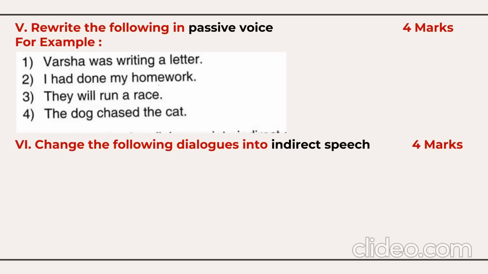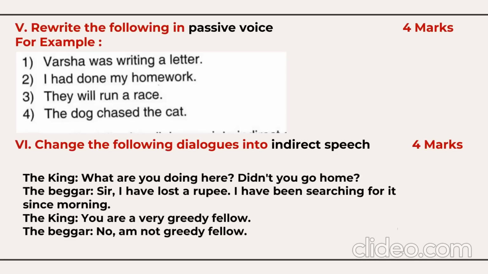Then, change the following dialogues into indirect speech. That is for 4 marks. A dialogue will be given, and you need to convert it into indirect speech. The king asked the beggar what he was doing there.